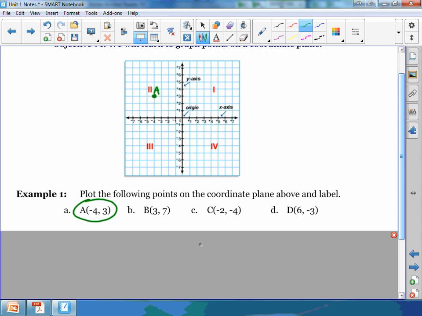Now you guys, this should have triggered some memories, I would assume. Matt? Okay. 3, and then up 7. There's your point B. All right, somebody take us to C. Go ahead, Justin.